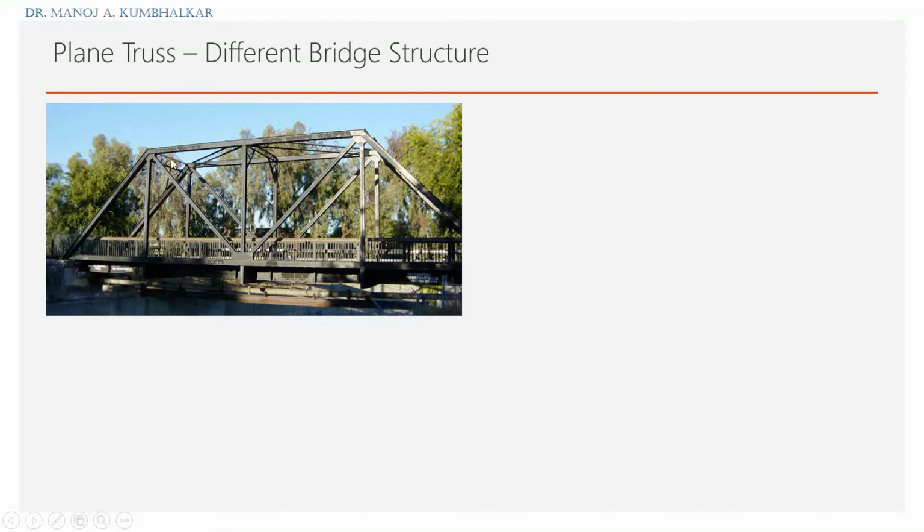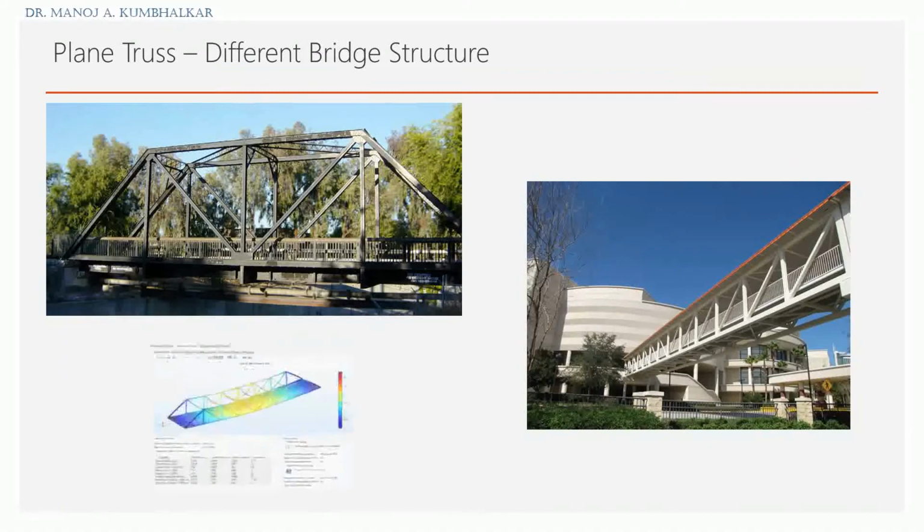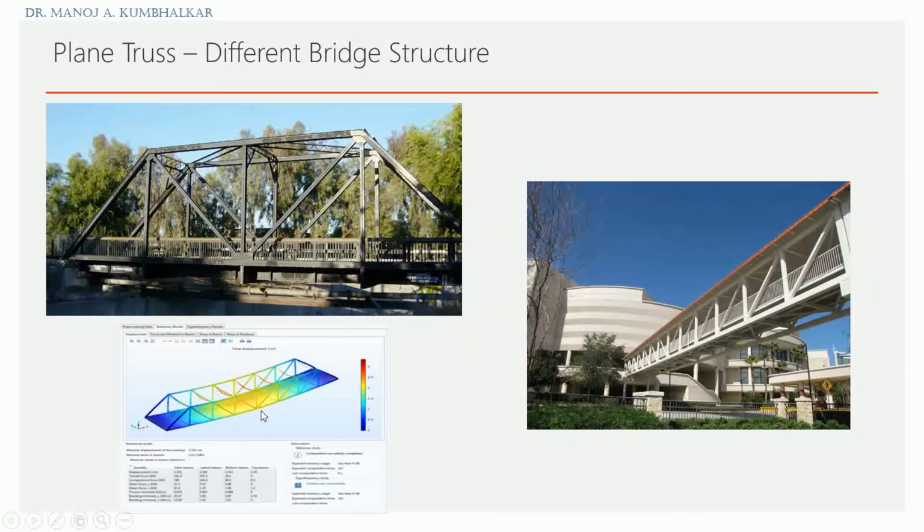You can see that the bridge is made with the help of straight members joined at some points. This is the second example of a bridge. Here the rectangular portion is converted to a triangular one by adding one straight member. So all the bridge structure is made with the help of straight members. Then this is the finite element analysis of that bridge structure.